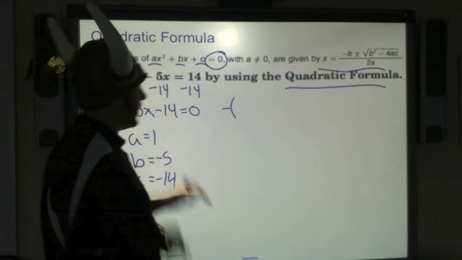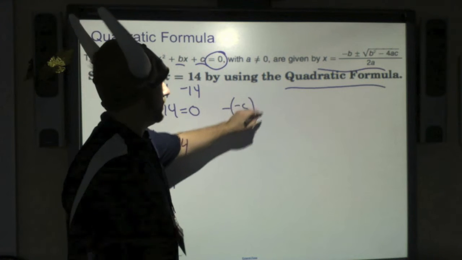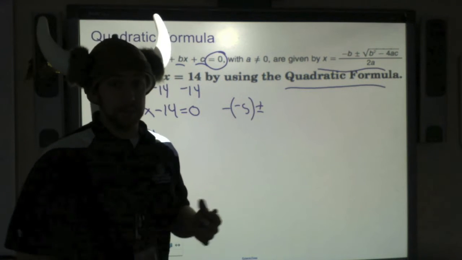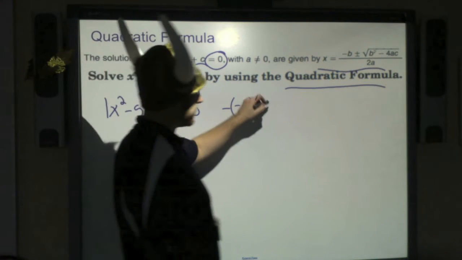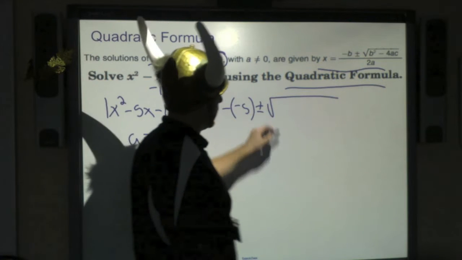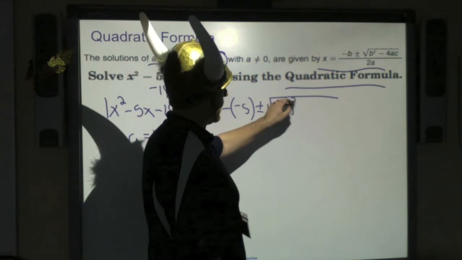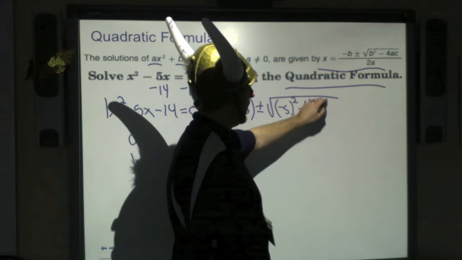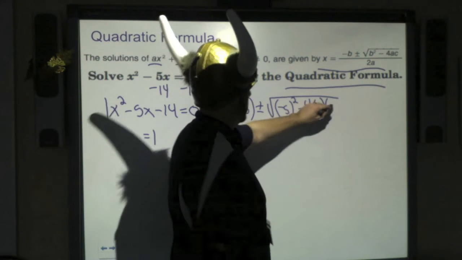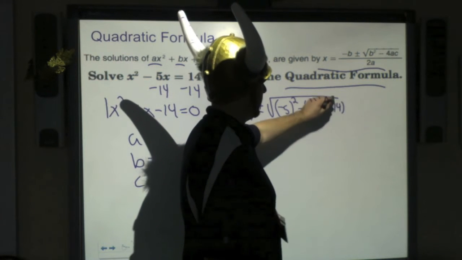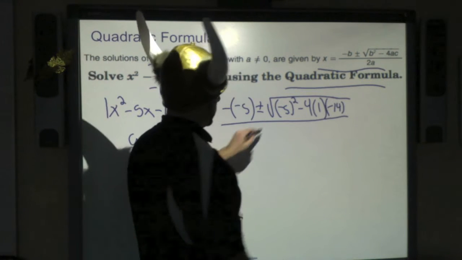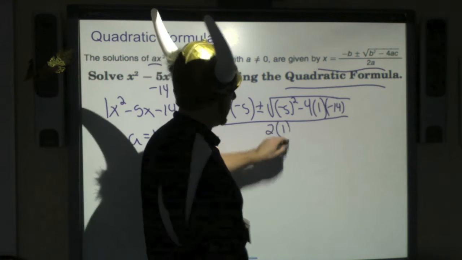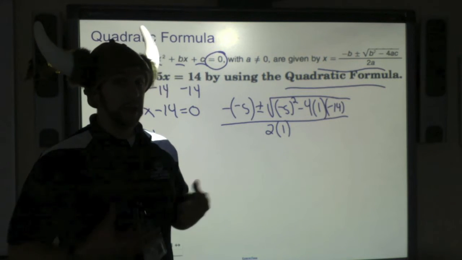So opposite of b, plus or minus, remember the plus or minus with the square root, of negative 5 squared minus 4 times a times c, which is negative 14, all over 2 times a, which was 1.